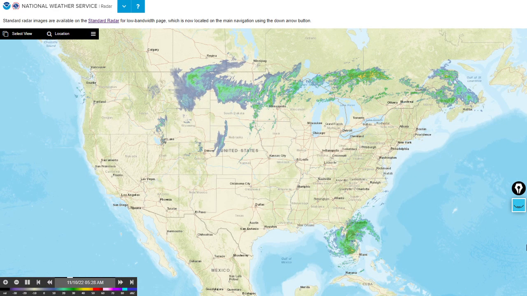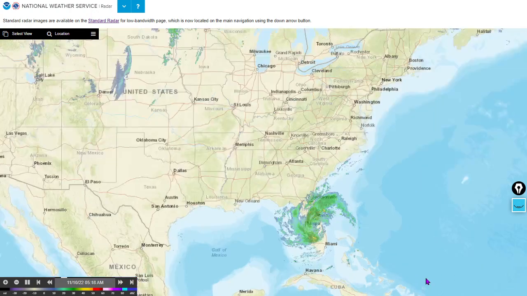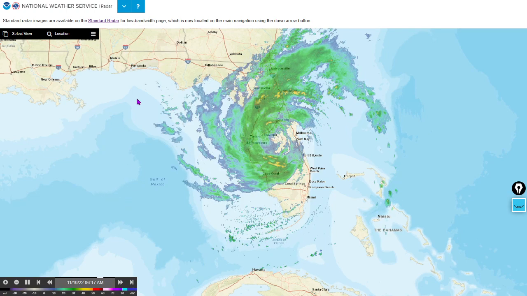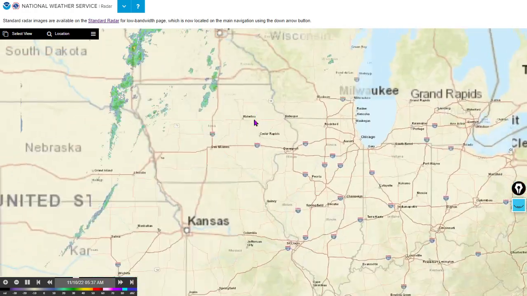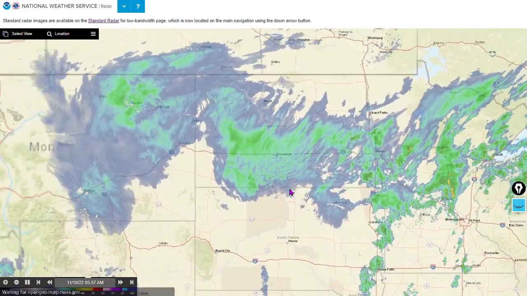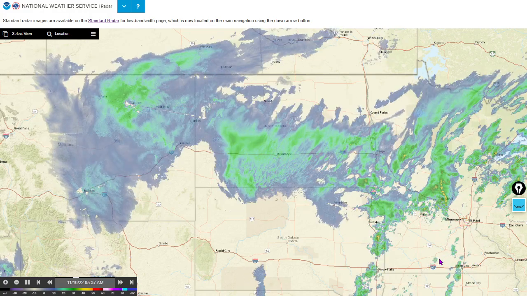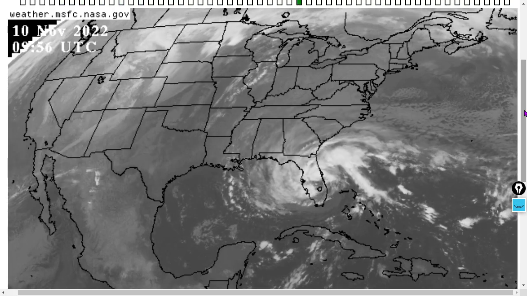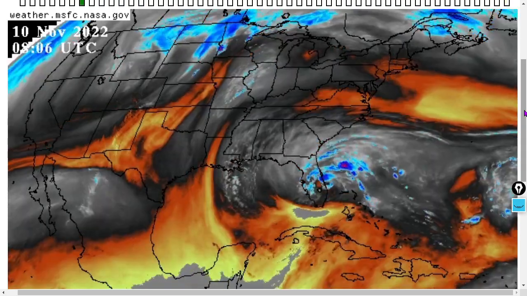Ground-based Doppler radar systems. That's a lot of moisture. Clouds and fog. And water vapor to close things out.